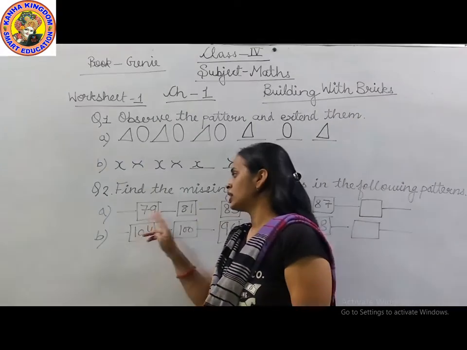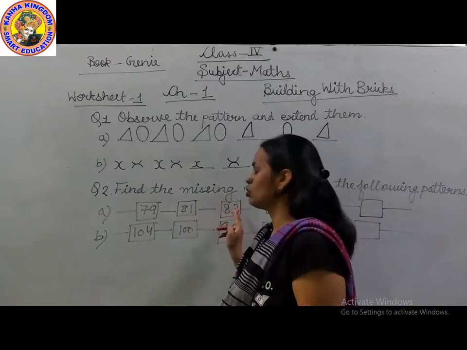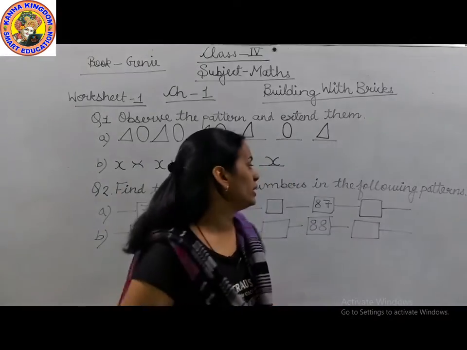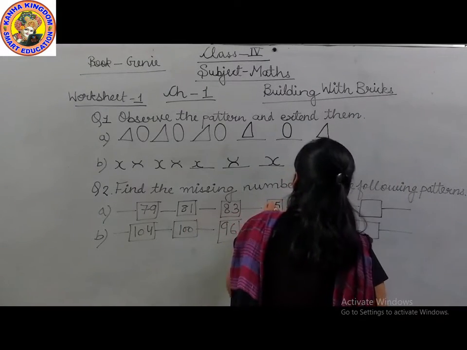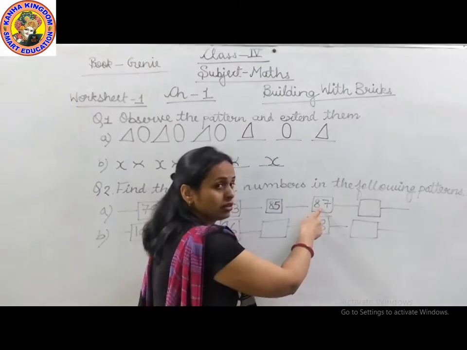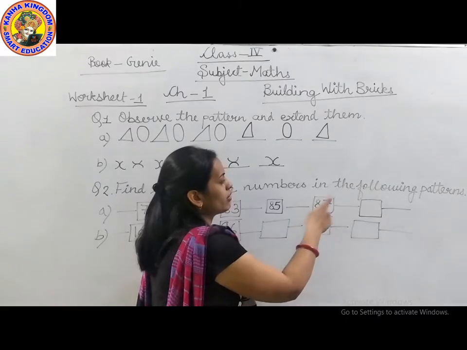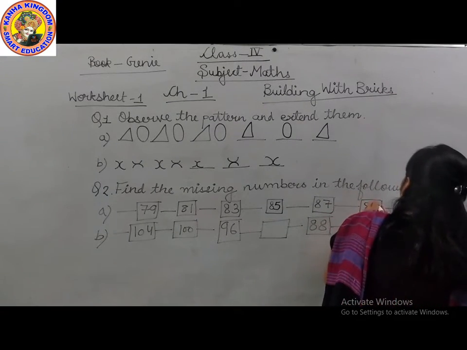So 79 plus 2, 81. 81 plus 2, 83. So 83 plus 2, 85. Now 85 plus 2, 87. 87 plus 2, 89.